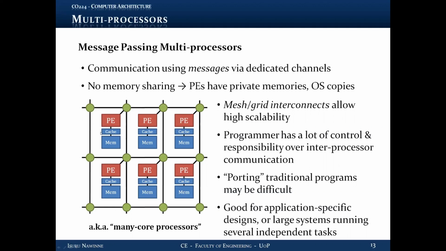So for example, if this processing element needs to send some message containing data to this other processing element, it will need to place that message on this interconnect through that router by giving the address of the destination processing element.